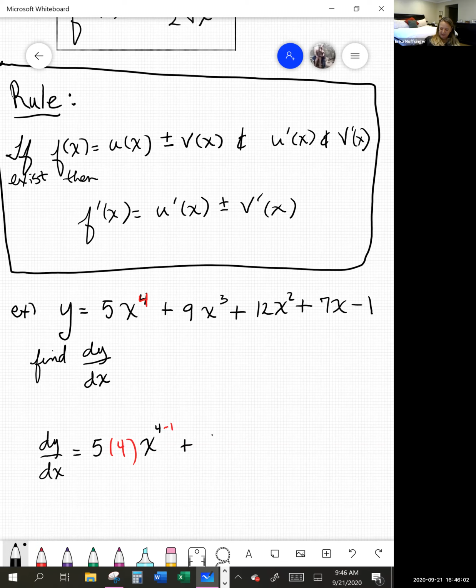Plus 9, bring our power down, which is 3, and subtract 1 from our power, so we have x cubed minus 1. Plus 12, bring our power down, which is 2, so 2x to the 2 minus 1 power.